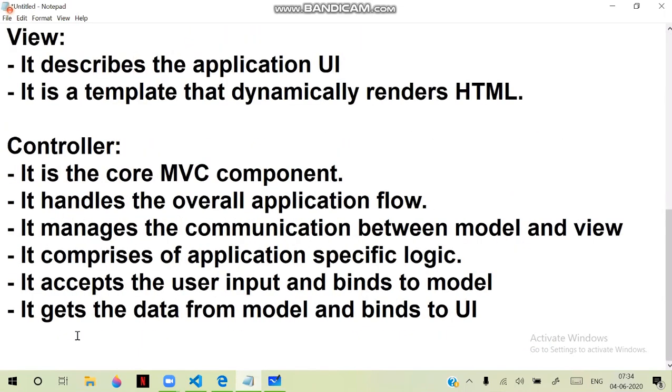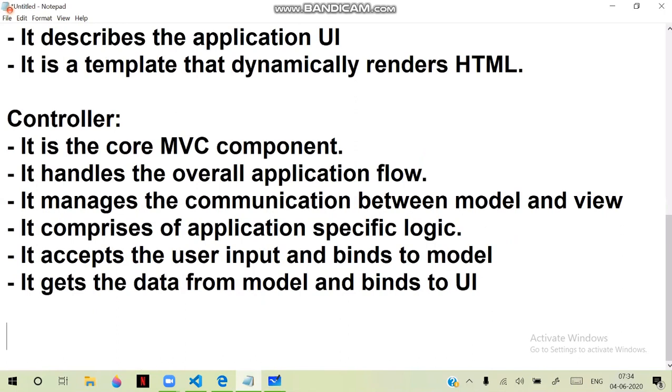So what is the second architecture? It is MVVM, that is model, view and view model.